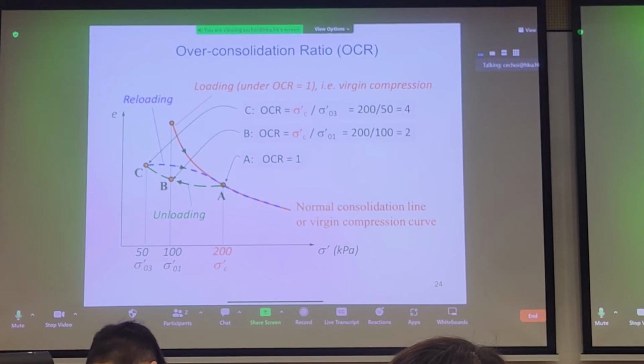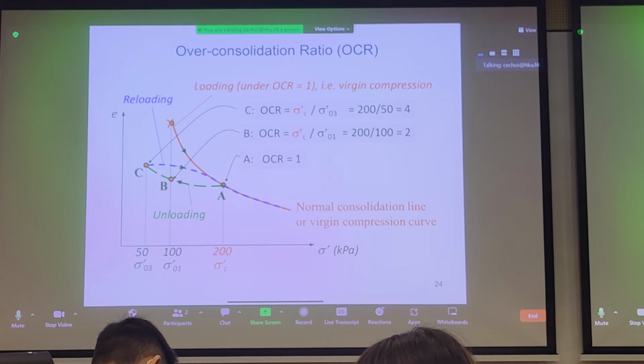So we have 3 soil specimens, or it could be the same soil specimen, sorry, but different stress levels. In our usual manner, we have void ratio versus effective stress, but not logarithmic. So the initial stress state is here.